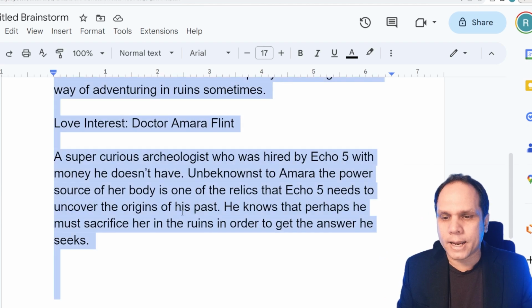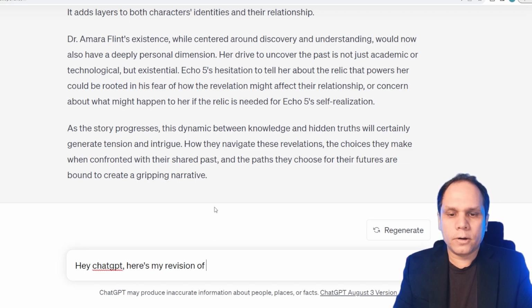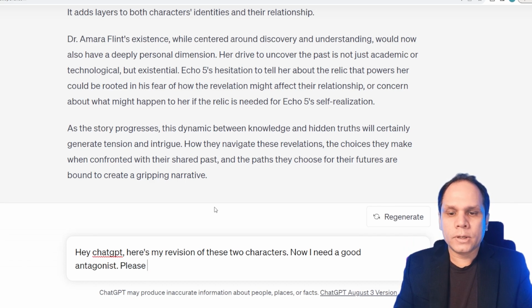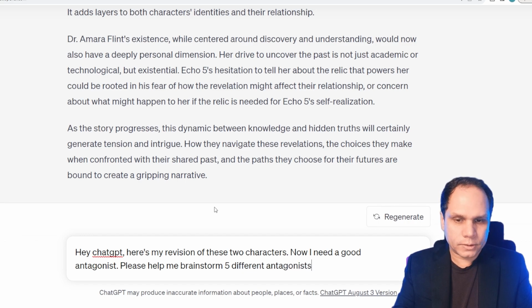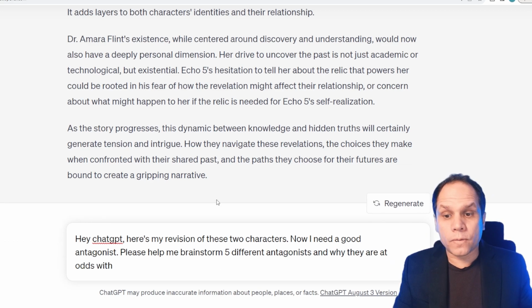So we're going to take these two characters and I'm going to say, hey, ChatGPT, here's my revision of these two characters. Now I need a good antagonist. Please help me brainstorm 5 different antagonists and why they are at odds with Echo 5.